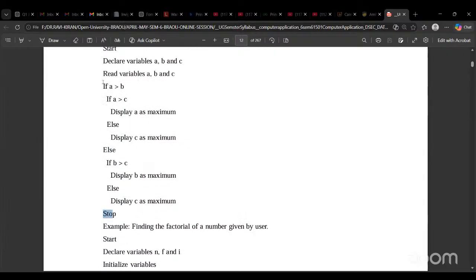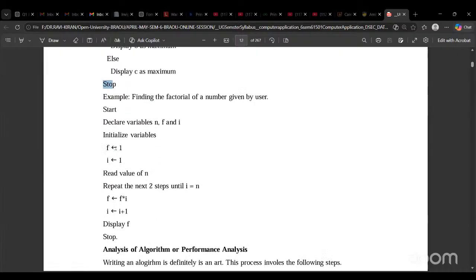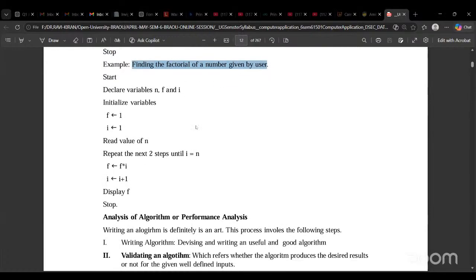So this is one more example. Now one more example here is finding the factorial of a number given by the user. Now here you see how to write the algorithm. First we start the algorithm and we stop the algorithm.